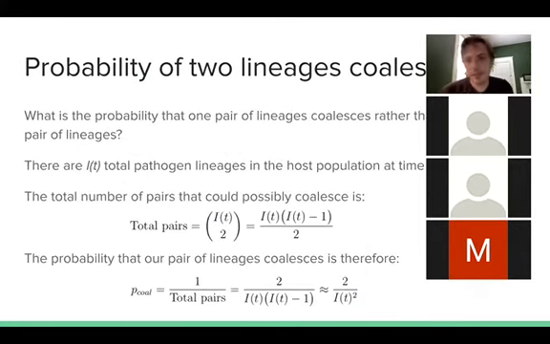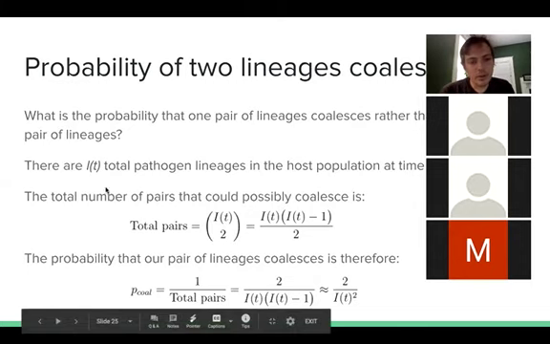And it's quite straightforward to compute the probability that a particular pair of lineages is involved in a particular transmission event. We know, for example, that the overall number of pathogen lineages in our population is the same as the overall number of infected individuals in that population, because again, we're making the assumption that there's only one pathogen lineage in each infected host.